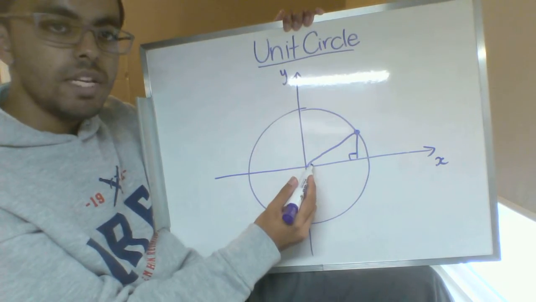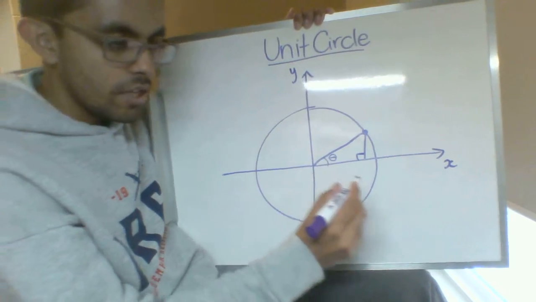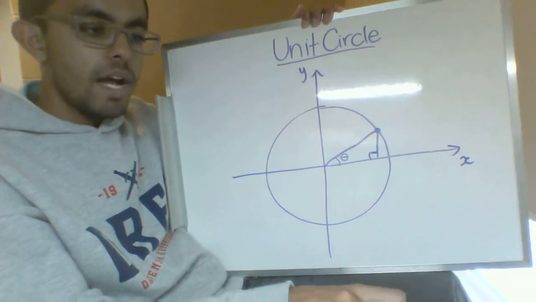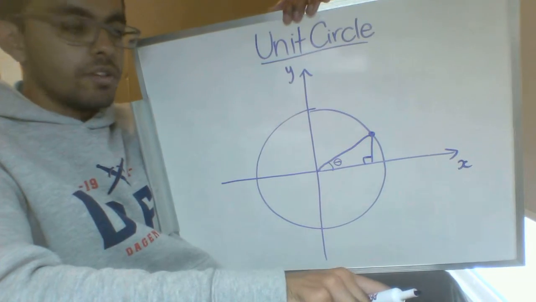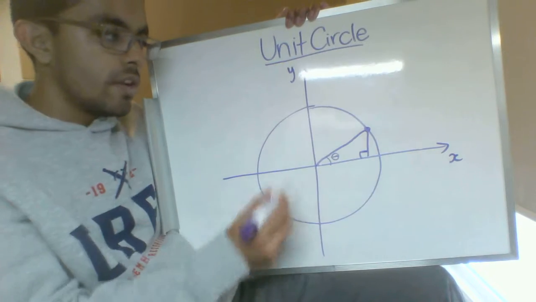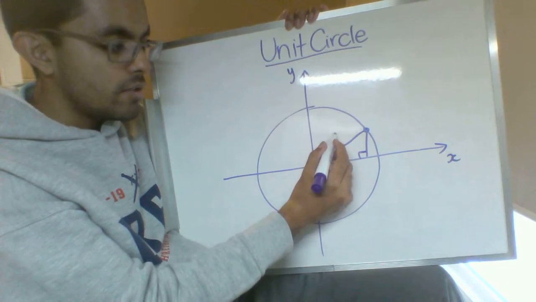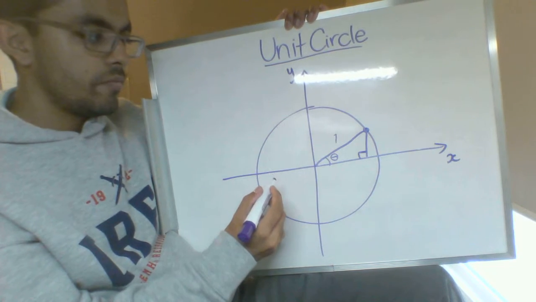So I've got a little mini triangle in here, and I've got some angle theta. So I could use my trigonometry knowledge, my sine, cosine, tangent, to figure out the coordinates of that point, right?